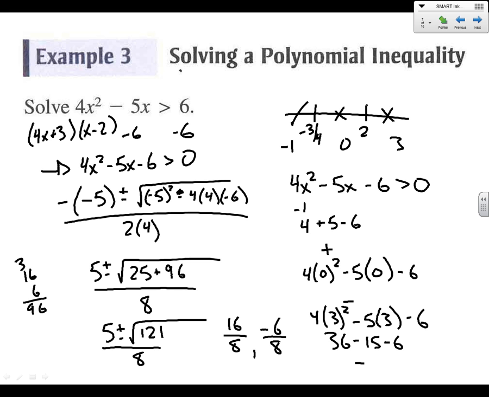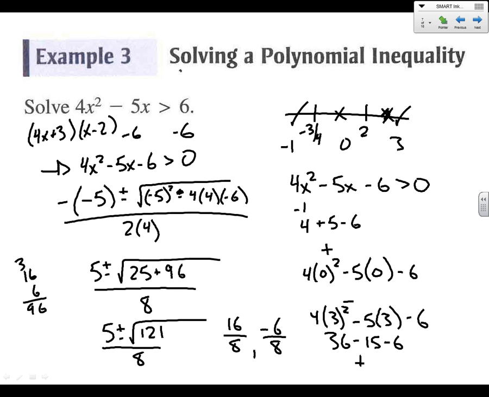Going to the right of 2. And so I don't feel like I did that right. Let me check this real quick. 36 minus 15 minus 6 is not negative, is it? No, it is not. That is positive. I knew that didn't look right. We do like this region.